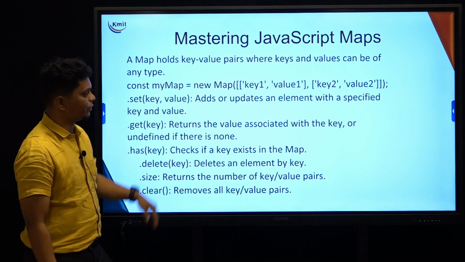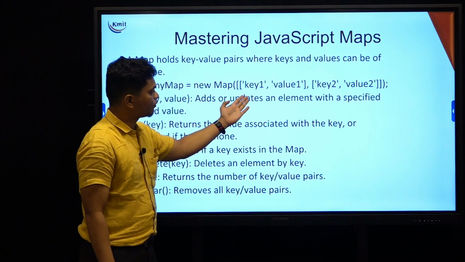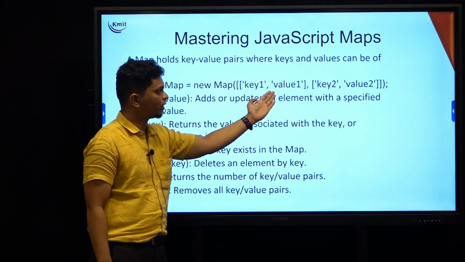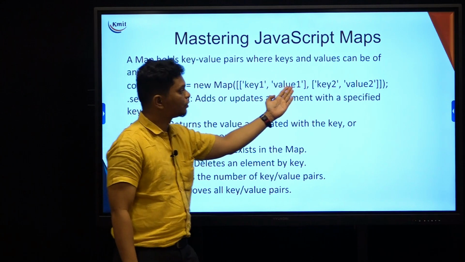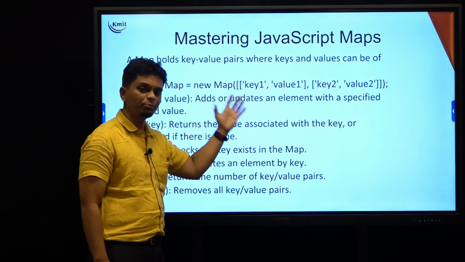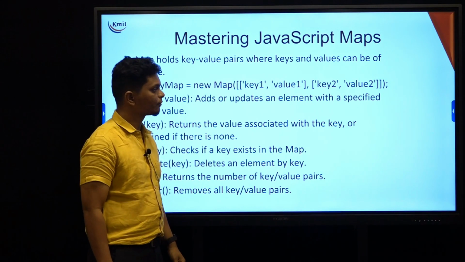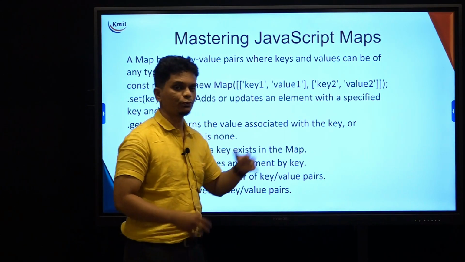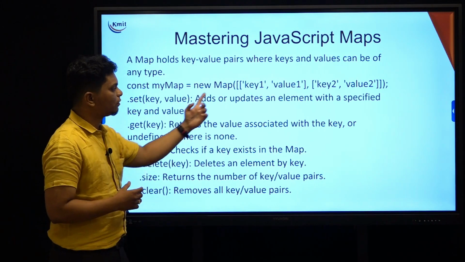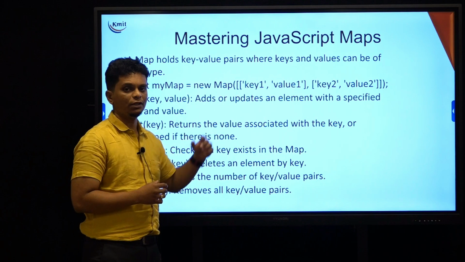Here, if you observe, we have distinctive pairs, key 1 followed by its value 1, key 2 followed by its value 2. So, key 1 represents value 1 and key 2 represents value 2. Whenever we want to extract a value, we have to mention its corresponding key.